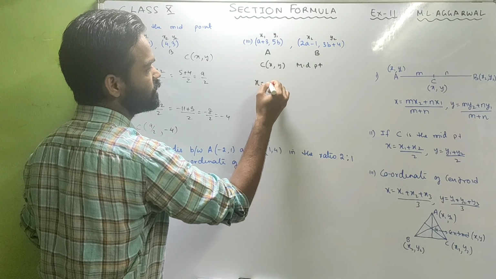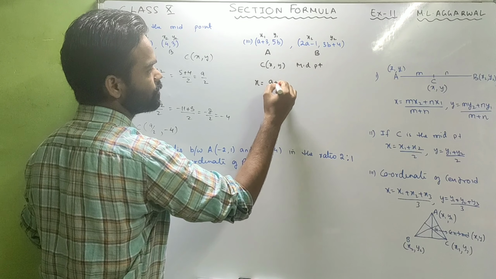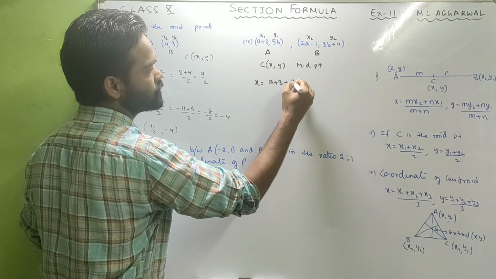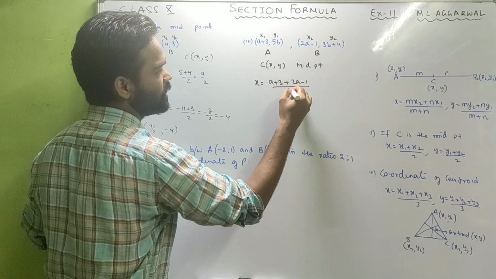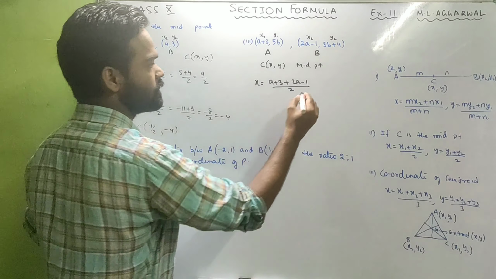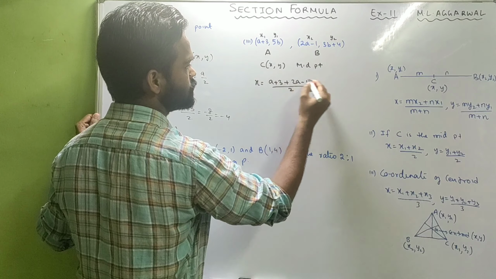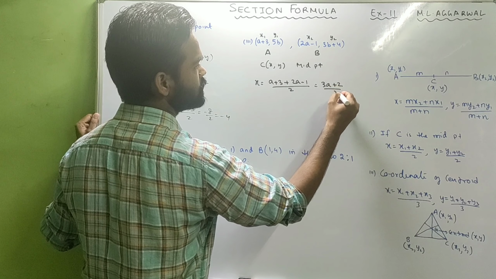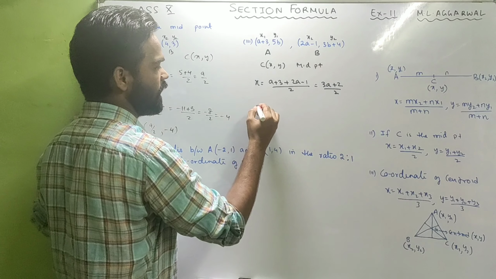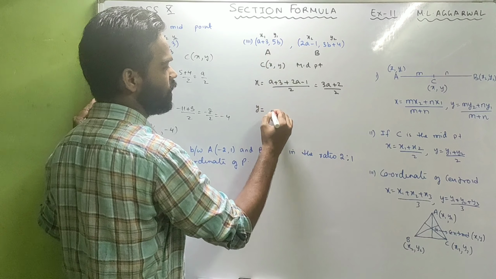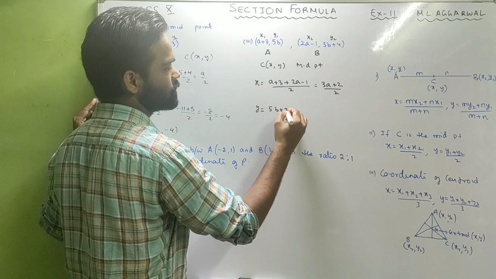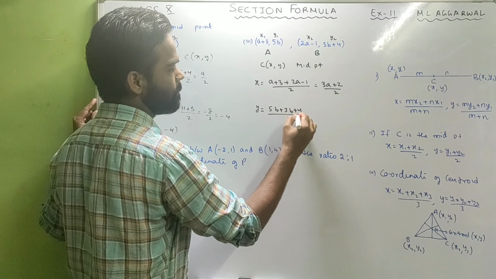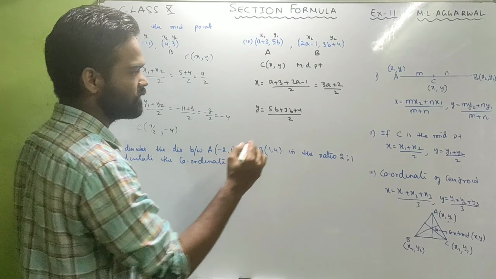Then x will be (x1 + x2) by 2, isn't it? So that's 3a plus 2 by 2. Keep it like this. And y will be again (y1 + y2) by 2, isn't it?